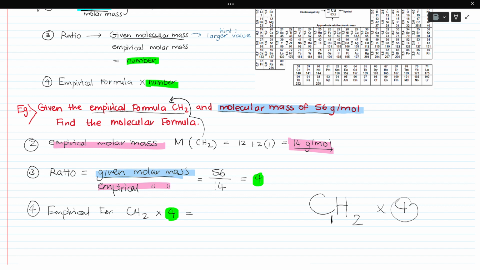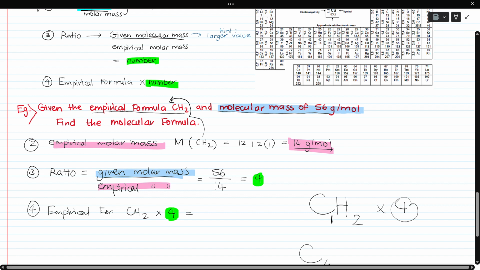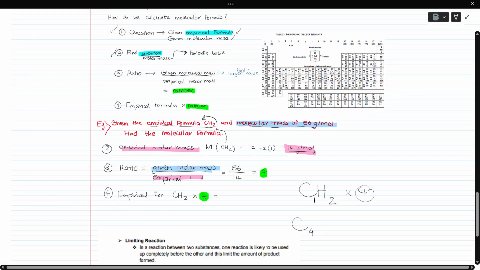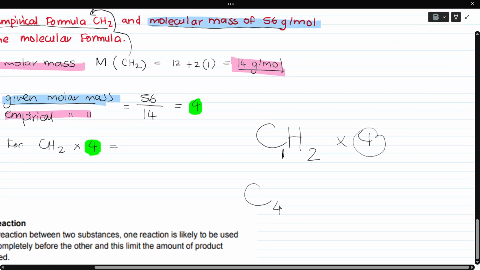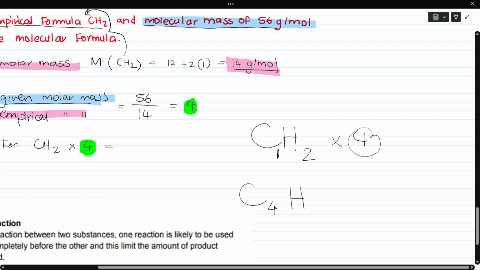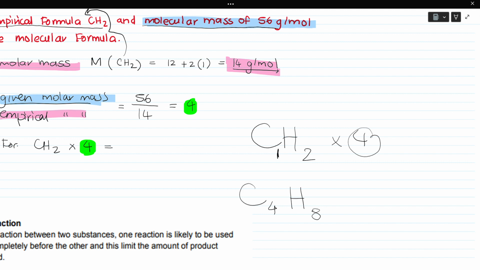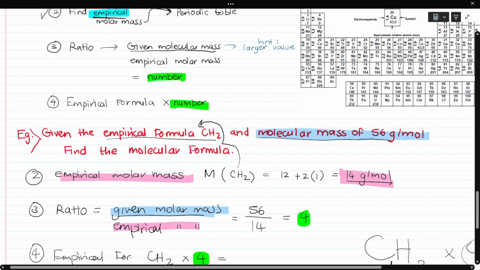The subscript here is 1. So you're going to get C4 here and you're going to get H8. Why 8? Because you've got 2 times 4. So let's just make a quick note of that here. This means you multiply the subscripts by the number.